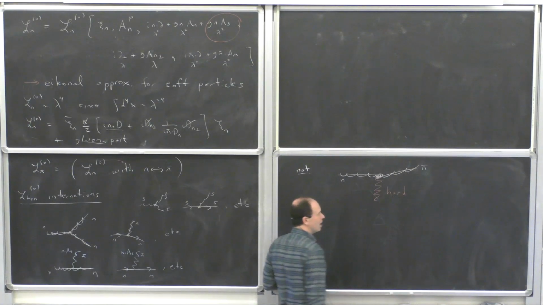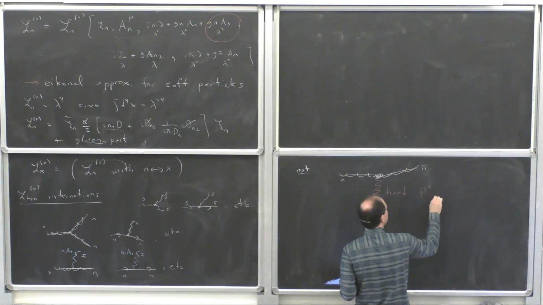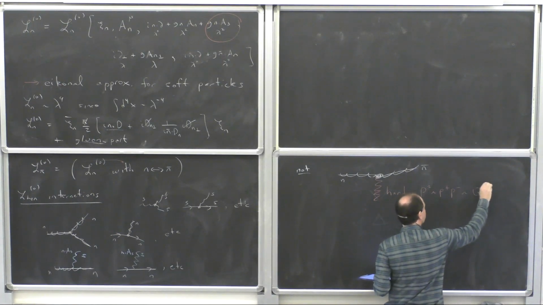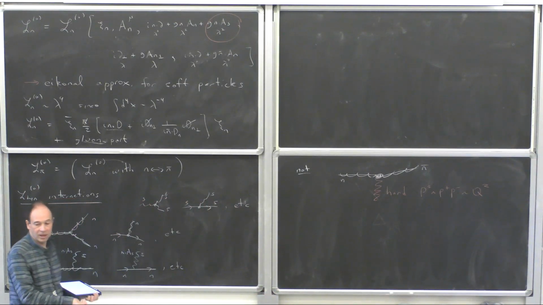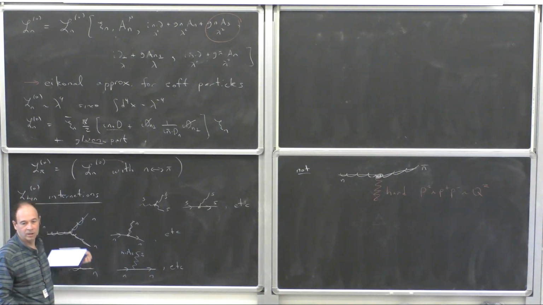It would have a large minus and a large plus, so it would have a large p squared, which is of order p plus times p minus. It would be of order Q squared. We're integrating out such gluons when we construct the EFT. So in the dynamics of an n collinear gluon, it can never fluctuate into an n bar collinear gluon.